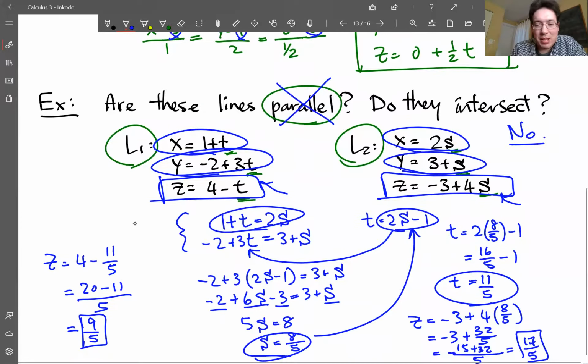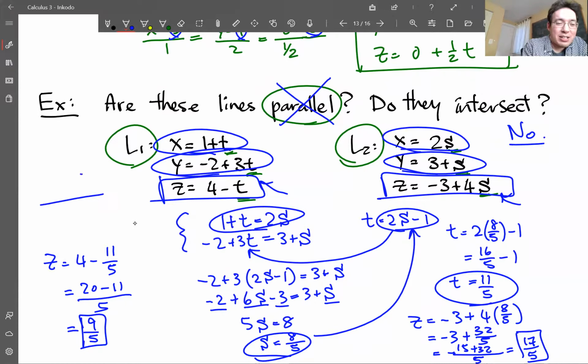All right, I hope this problem made sense. If you're given two lines in either parametric form or symmetric form, you can work out whether they intersect with each other or not. If they intersect, there could be a follow-up question: what angle do they make when they intersect?